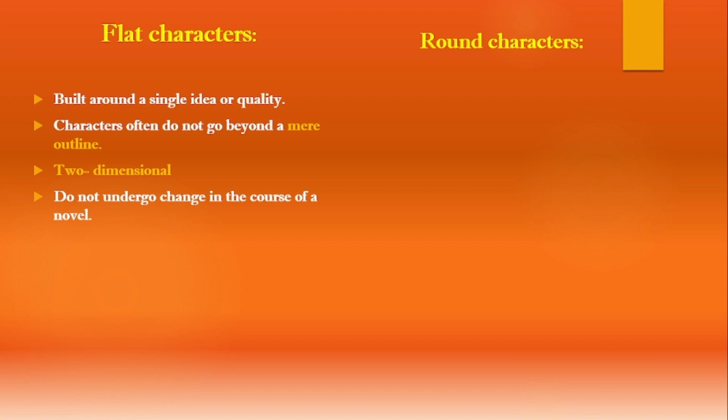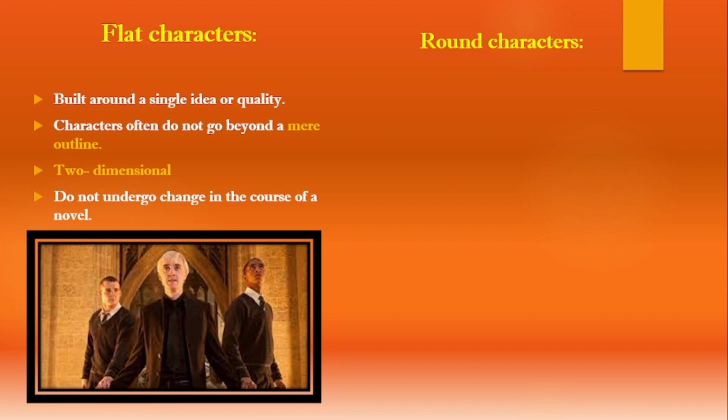We may know their names, but we don't know much about them. For example, in the Harry Potter series, Crabbe and Goyle are flat characters. They act as henchmen to Draco. Remember, flat characters are two-dimensional in nature and so do not undergo change in the course of a novel.